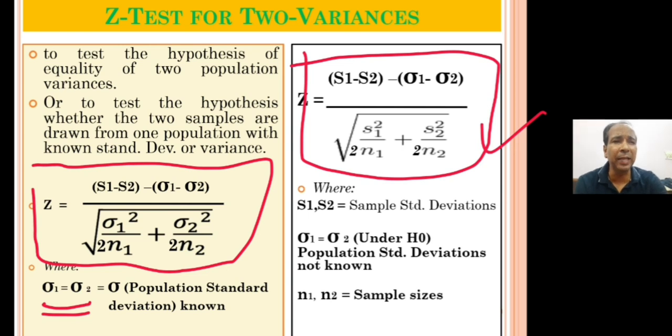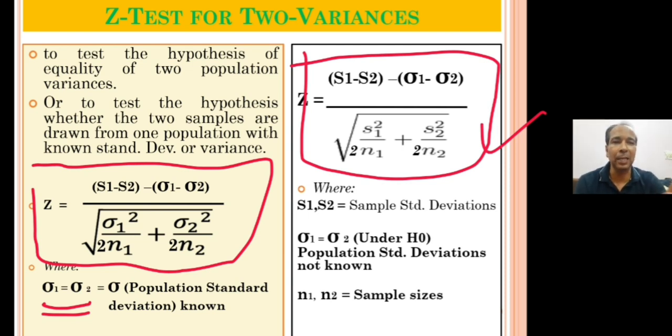This doesn't make any big difference, just because the samples are very large. When the sample sizes are large, the standard deviations of samples can be equated to the standard deviations of the population.